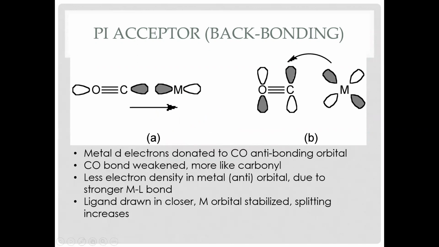So for our metal, I have the dxy orbital or the dxz or the dyz orbital that has this shape. And then for my ligand, my carbon monoxide, this is my LUMO, the anti-bonding pi.